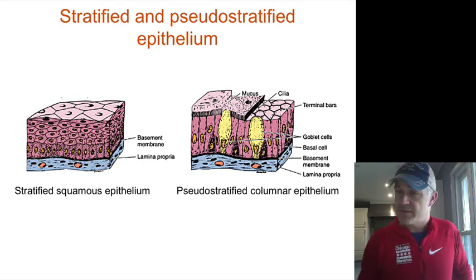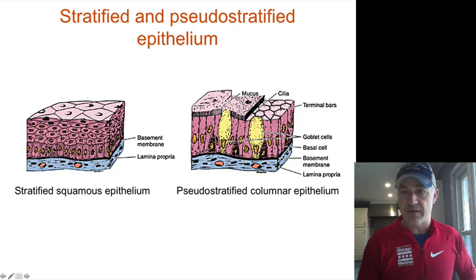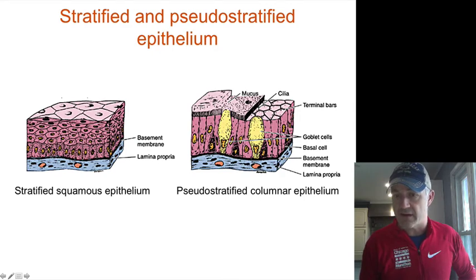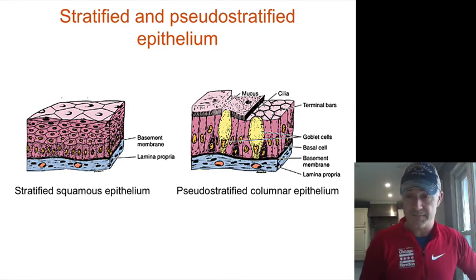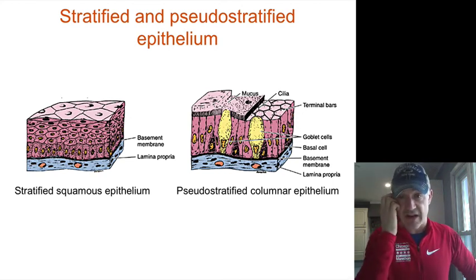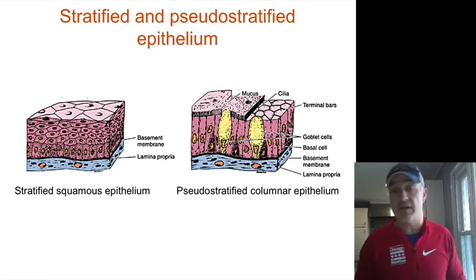One of the weird types here is pseudostratified epithelium. With pseudostratified epithelium, you can see here the heights of these cells are different. The main thing you see is that if you look at all these cells along here, they are all connected to the basement membrane. These are not stratified cells. They are actually a type of simple epithelium, but because it looks stratified, and pseudo means fake, it's fake stratified epithelium, pseudostratified columnar epithelium.